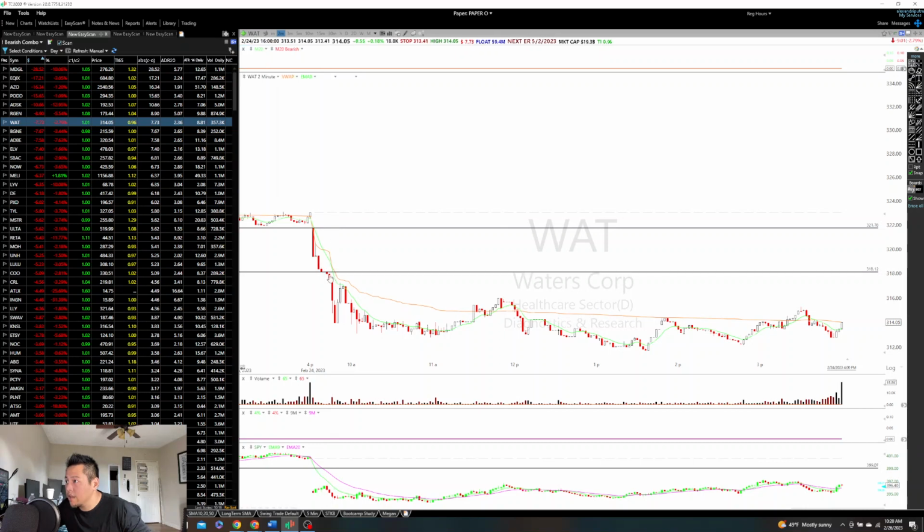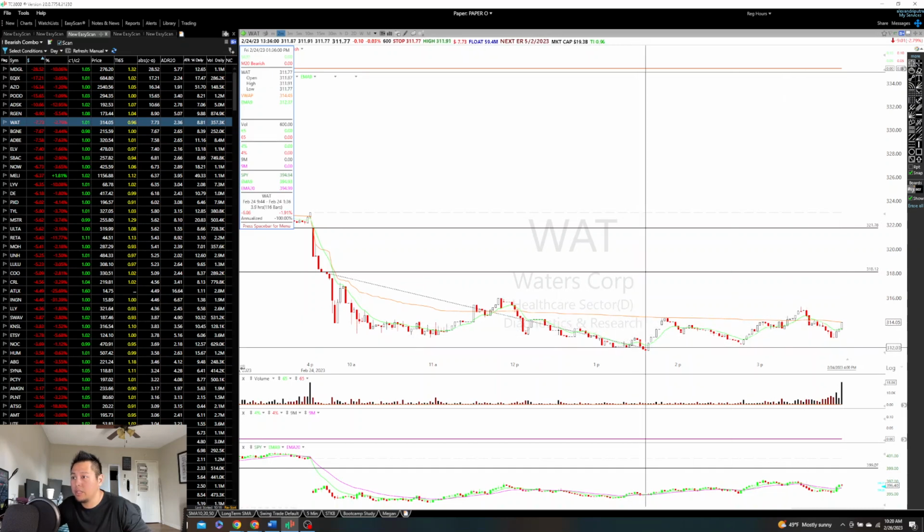But man, had you even entered here at this candle right here, you would have had yourself a nice day. That's a 1% move. Let's say you went down to the lowest level. That's again just a little 2% move.